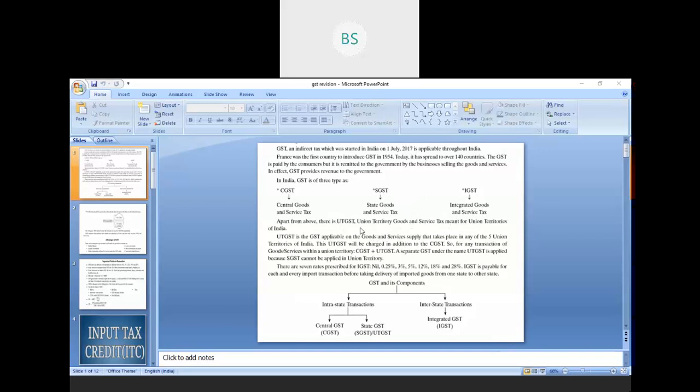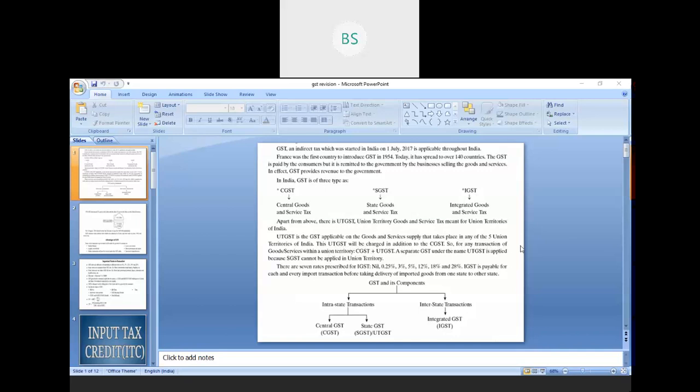Okay. So union territory goods and service tax is meant for union territories of India. UTGST is the GST applicable on goods and services supply that takes place in any of the 5 union territories. It is the old one. So you have to mention it as 9 union territories of India. This UTGST will be charged in addition to the CGST.